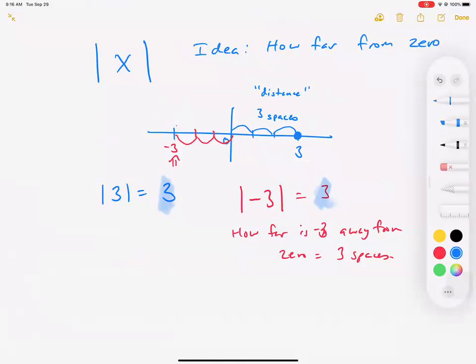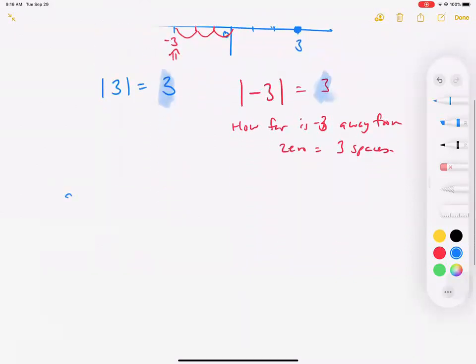Okay, let's do this again. If I give you this problem, my example is, what's the absolute value of 10? And what's the absolute value of negative 10? Go ahead and fill those out.